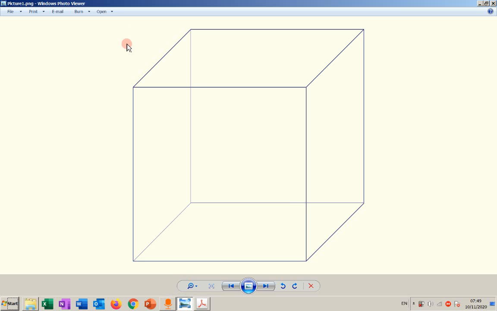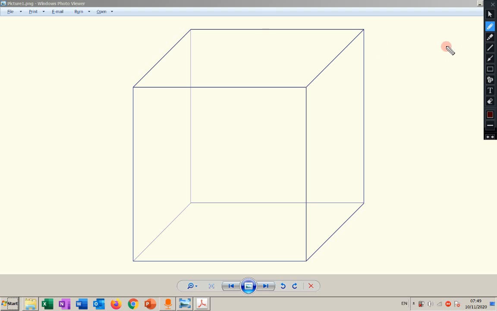Now I'm gonna draw some directions here. Let's say we'll go for 0, 1, 1, and another direction 1, 0, 1. Another direction will be 1, 1, 0.